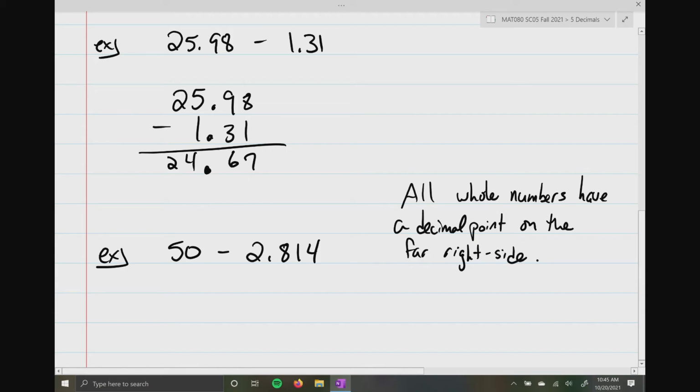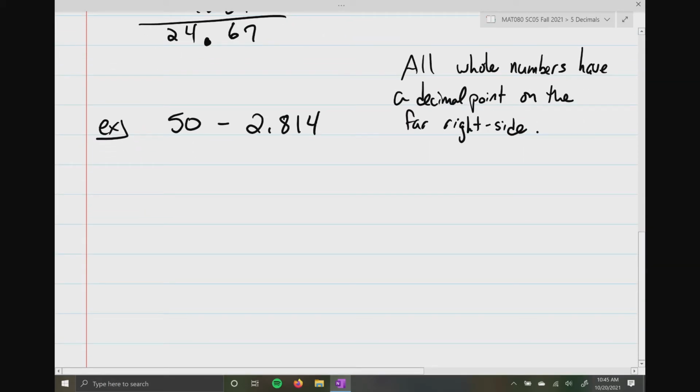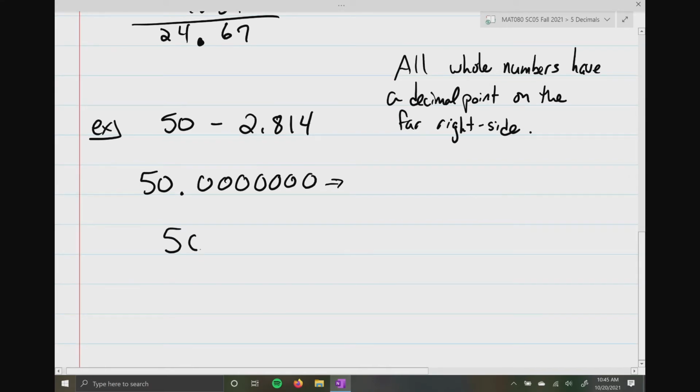So even though we didn't write the decimal point, 50 is really 50.000, and you can keep writing as many zeros as you want. But in this specific situation, I'm only going to write 3, because in my second number I only have 3 decimal places.